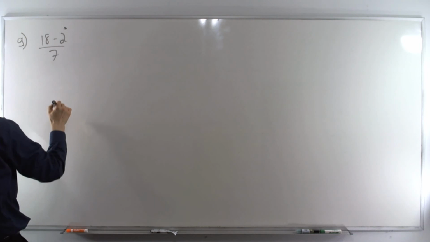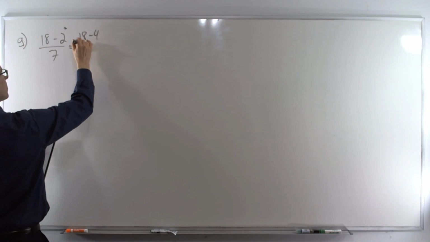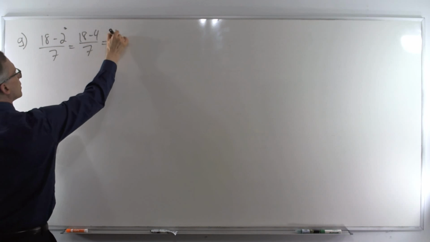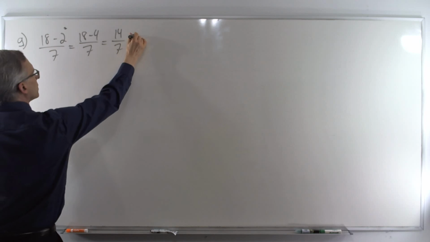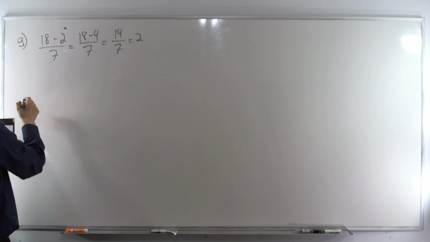All right, G, 18 minus 2 squared over 7. So exponent first on top, then subtract, and finally down to one number on top and bottom, we can divide and get 2.